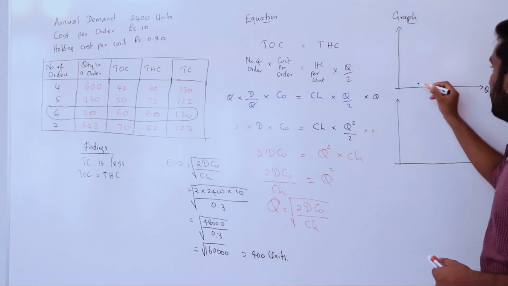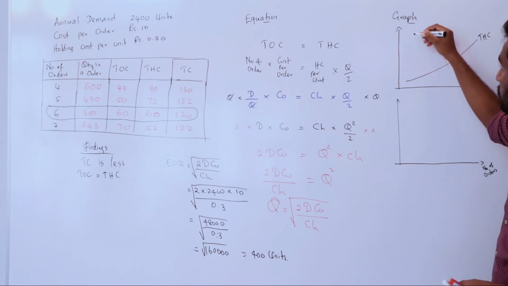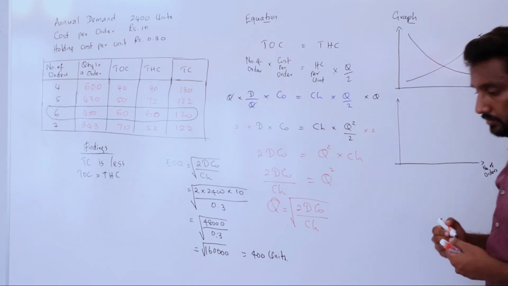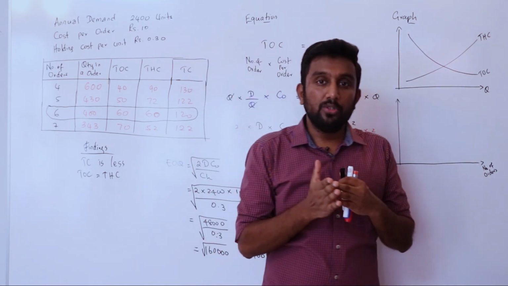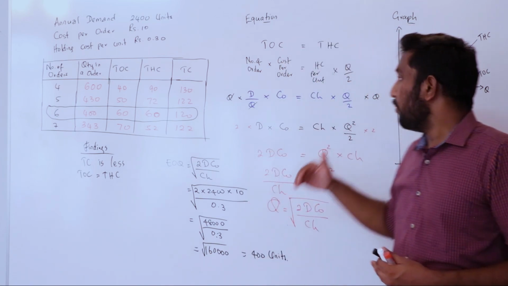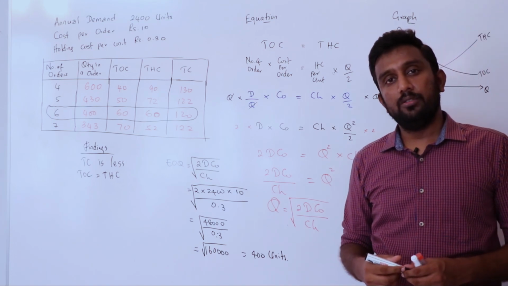Your holding cost will increase. So the holding cost goes like this, total holding cost. The ordering cost is negative, it goes like this. There are some arguments where the line should be straight, but that doesn't matter. You should know what the line means, which one is holding cost and which one is the ordering cost.